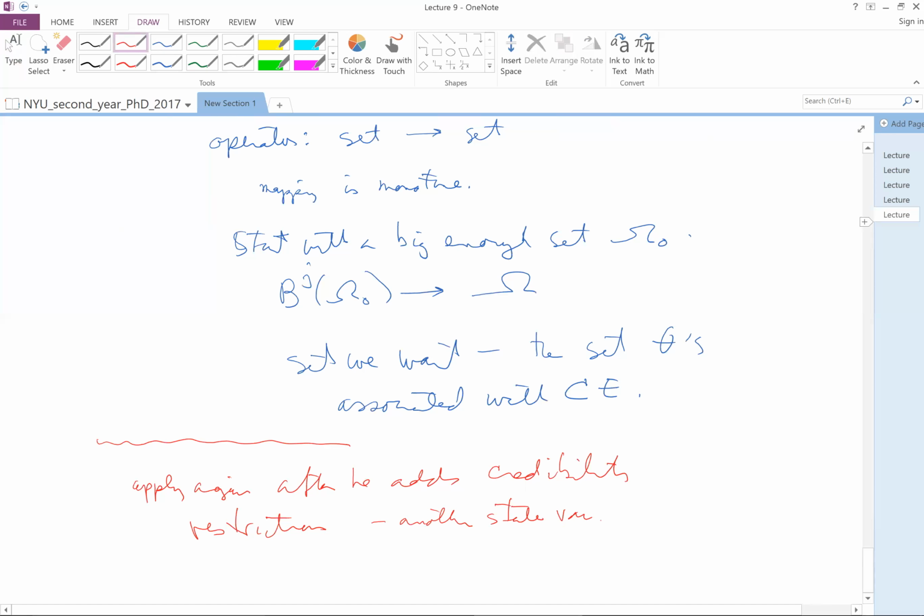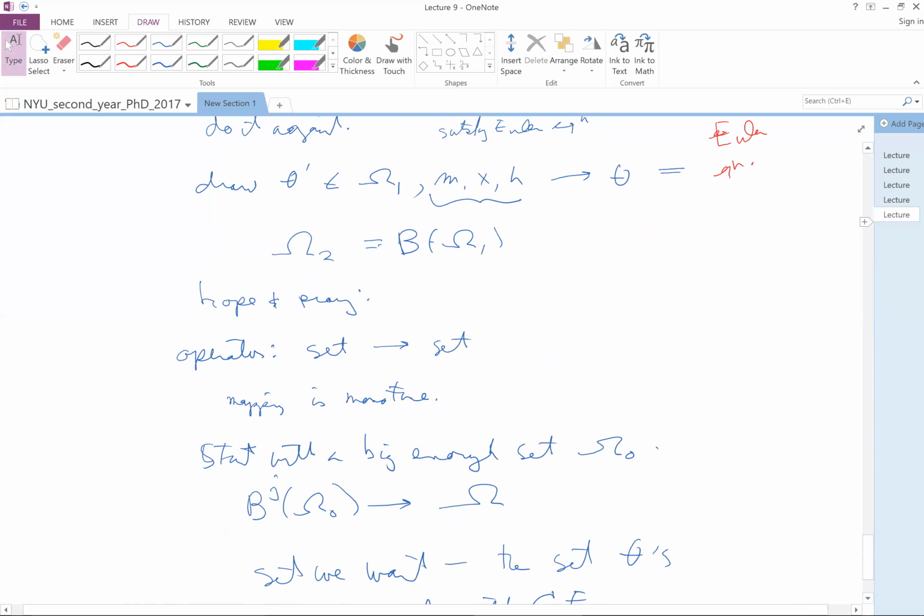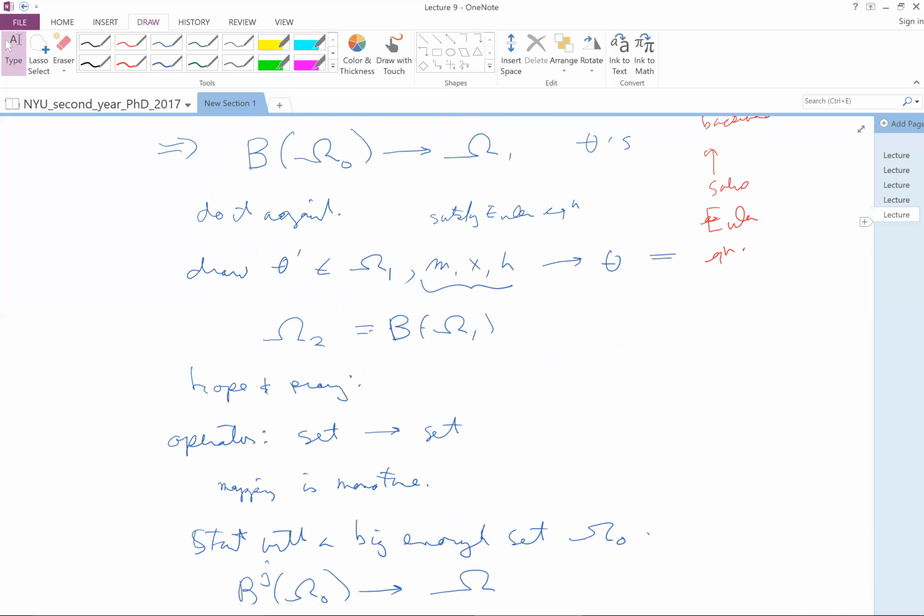So we talked a little bit about that on Monday, and it's going to be in the notes I make available. But the basic idea is essentially it's going to change this line.